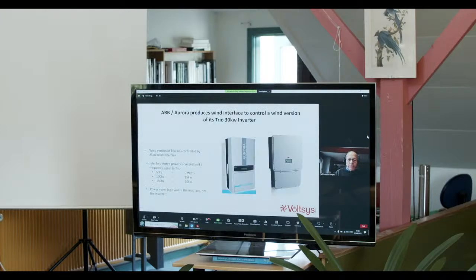There's a wind version of the Trio solar inverter, which was also adapted to work with a special controller that took the frequency of the turbine and converted it into a frequency that it fed to the inverter. So the inverter had a power curve which was simply 50 hertz was 0 watts and 150 hertz was 30 kilowatts, and in between was a sliding scale. But the logic for the power curve was in the interface this time, not in the inverter.